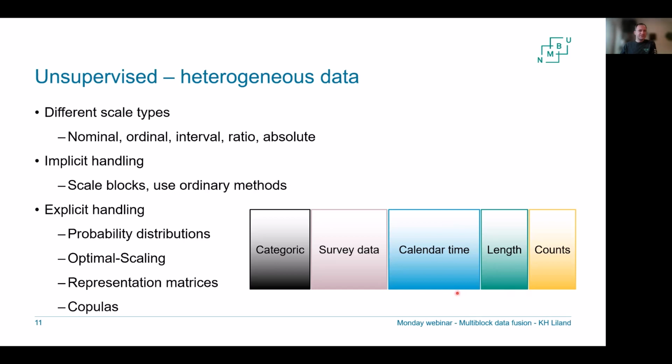So to do this properly, we should do explicit handling of this, and then we would end up having to look at probability distributions, maybe optimal scaling, or representation matrices, or copulas. So these are different ways of actually using the distributional properties of each of these different scale types, and either compensating for them or leveraging them when you merge your data together and analyze this.